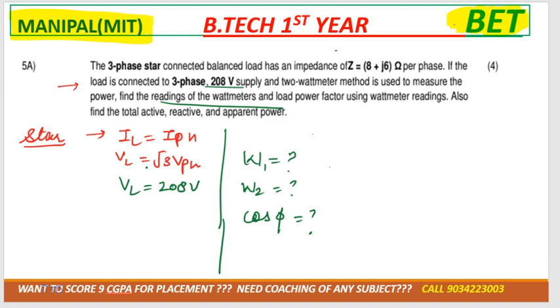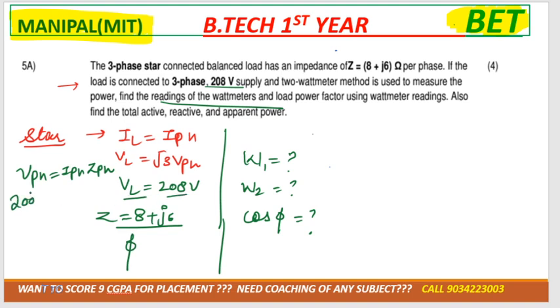But Z is given 8 plus J6. So from here we can get phi, right? And as you know, formula VPH is equal to IPH into ZPH. VL is this one, VPH is how much? 208 by root 3, right?